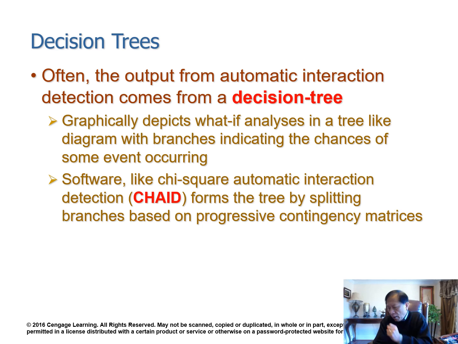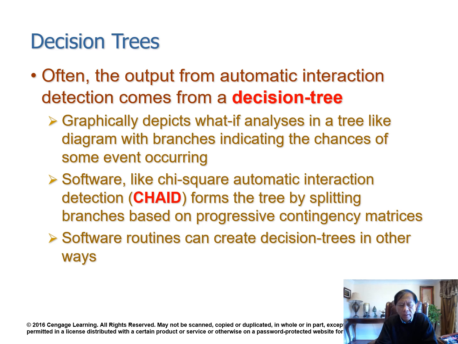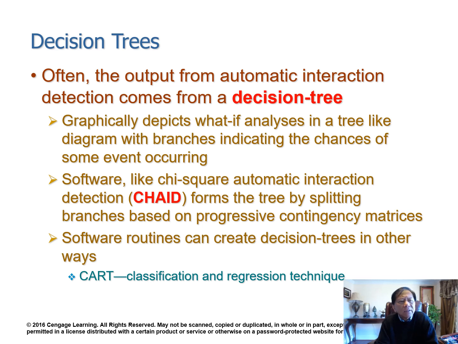There is software like chi-square automatic interaction detection, or CHAID, that forms a tree by splitting branches based on progressive contingency matrices. Software routines can create a decision tree in other ways, and CART is a classification and regression technique. It's called CART.